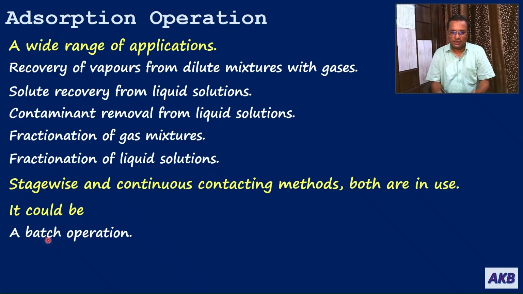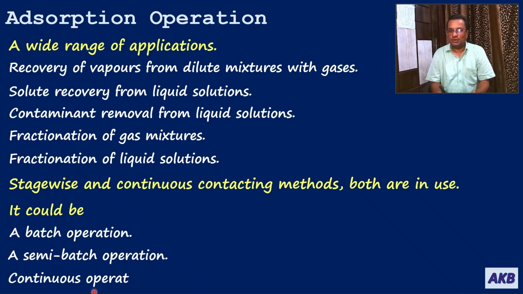So the adsorption operation could be a batch operation, or a semi-batch operation, or a continuous operation. Unlike other separation methods like distillation, liquid-liquid extraction, or gas absorption, adsorption is the only operation that can be carried out in a semi-batch manner.